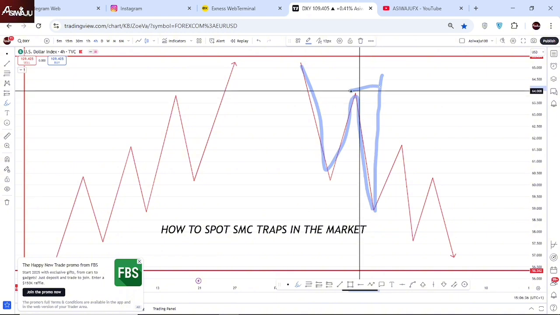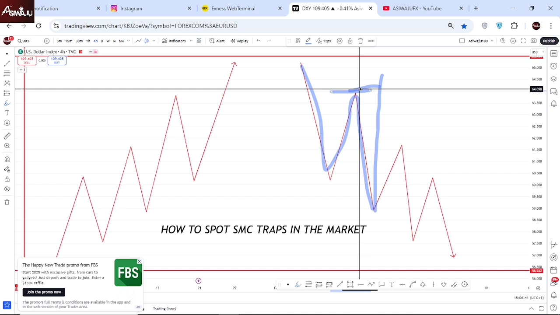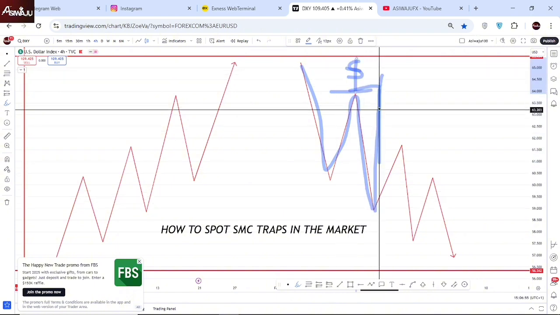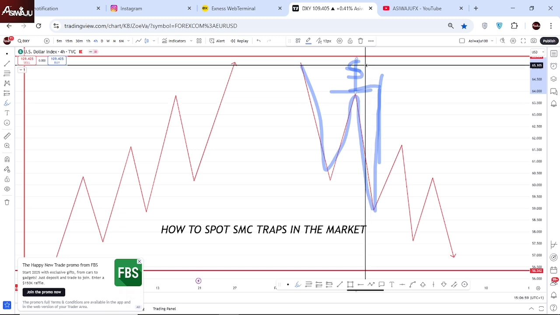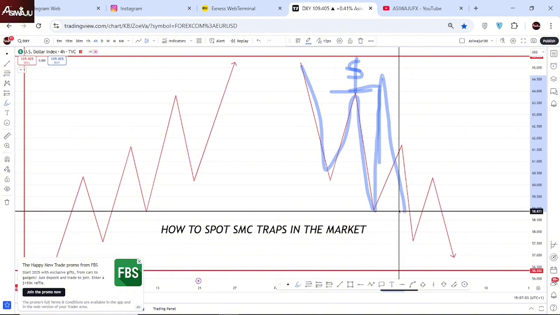Because in these highs and lows, there is liquidity sitting above each high and low in the market, which is stop loss. Immediately the institution pushes price back, they grab all the retail stops we have here, all the money, and later push price to where they want it to go. So that's the simple definition.